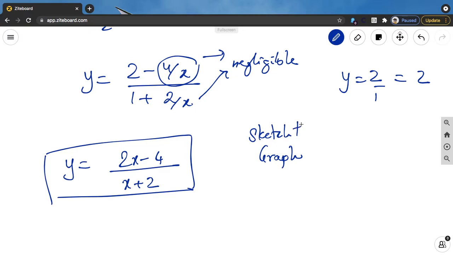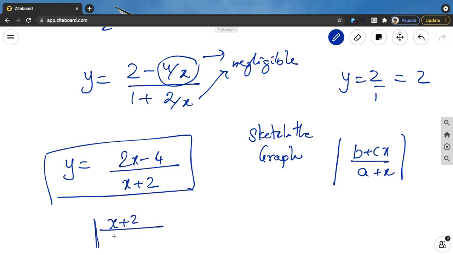Sketch the graph of the modulus of (b + cx) upon (a + x). So it is the modulus of the reciprocal. That means they are asking us to graph the modulus of the reciprocal of the function, (x + 2) upon (2x - 4).